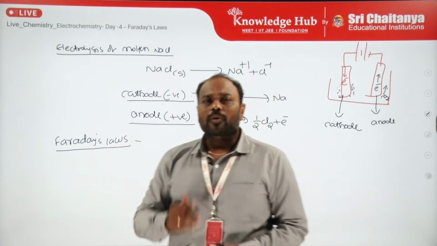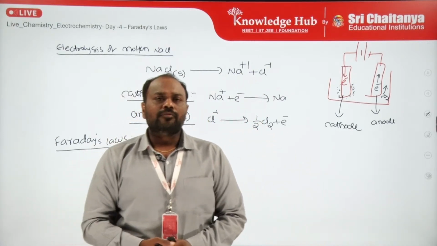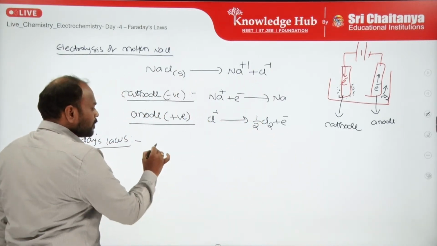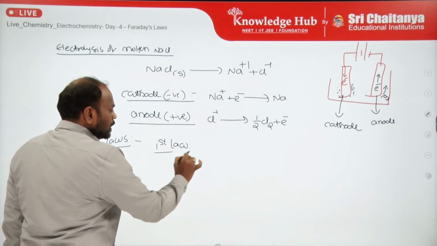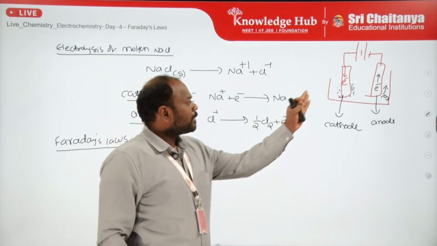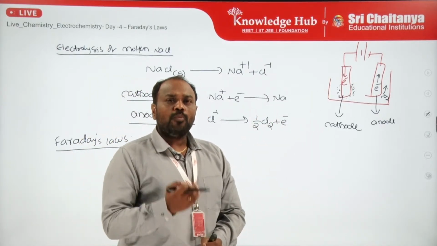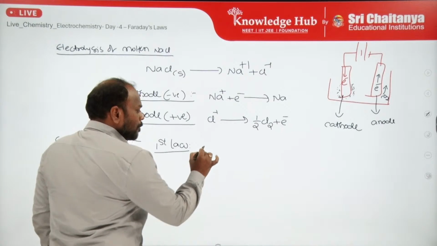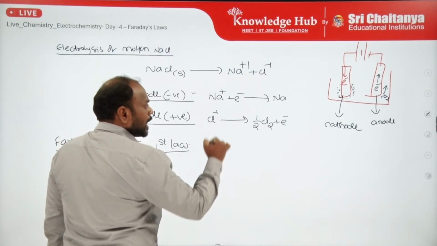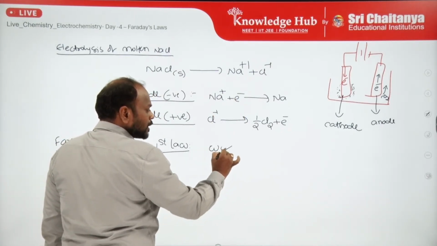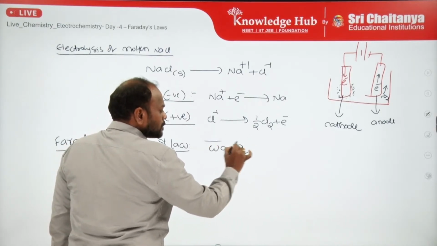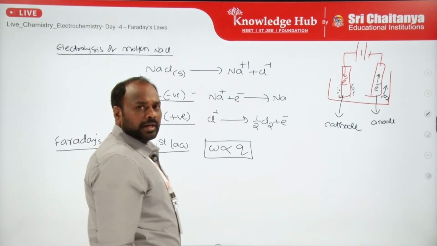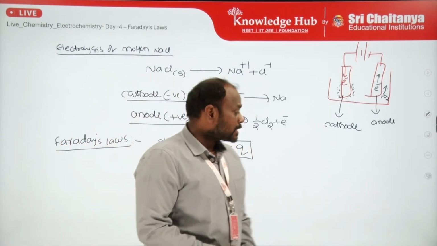We have two Faraday's laws, Faraday's first law and Faraday's second law. First of all we are discussing the first law. By passing current, sodium is deposited at the electrode. How much is formed? The amount of sodium formed at the respective electrode is directly proportional to the quantity of current passed in coulombs. That is Faraday's first law. So what is the statement?